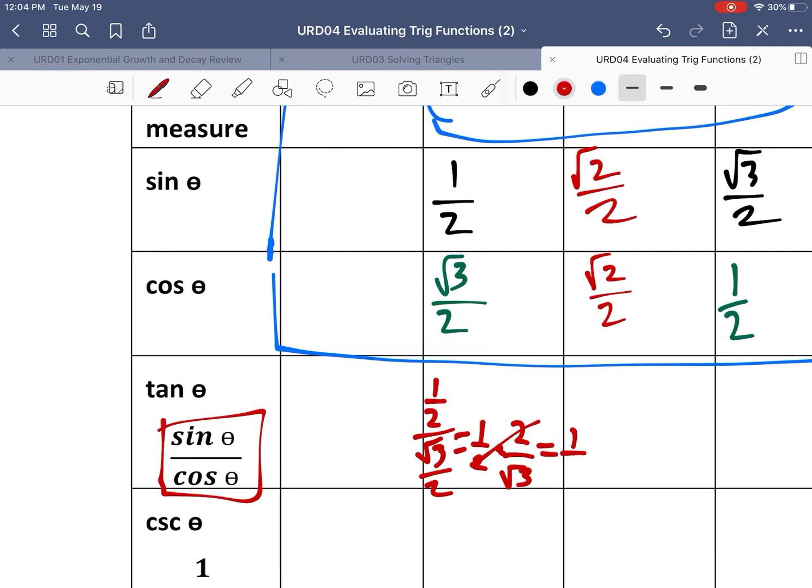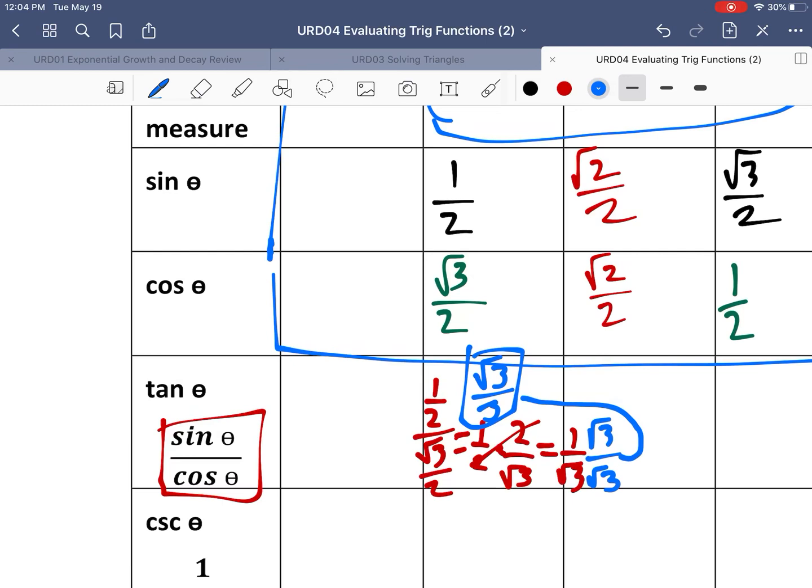The 2's cancel out. We're left with 1 over radical 3. And by multiplying the top and bottom by radical 3, this will simplify to become radical 3 over 3, which is the tangent of 30 degrees.